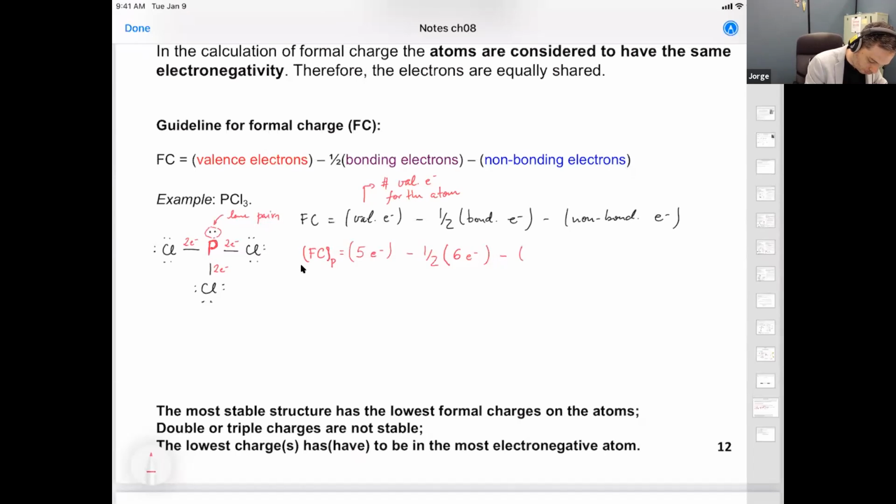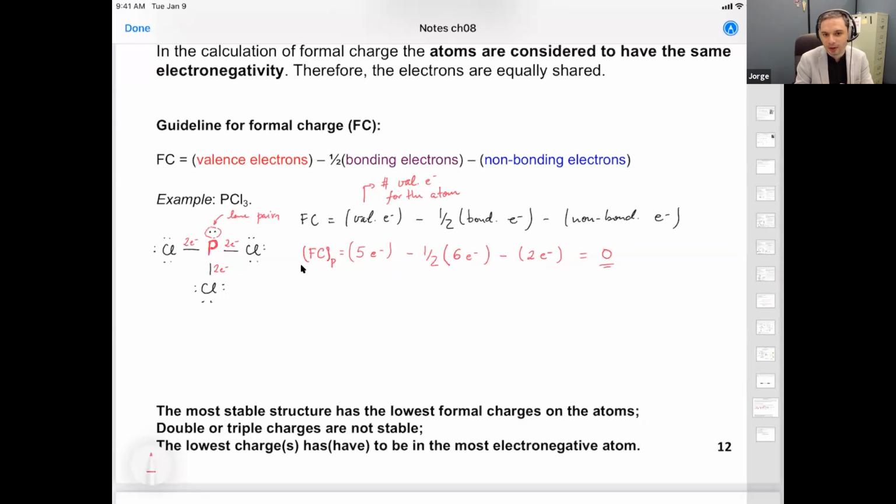So we are going to subtract 2 electrons. Therefore, the formal charge for phosphorus is going to be 5 minus 3 minus 2, which equals 0. That's the ideal situation when you have a covalent compound: formal charge equal to 0.